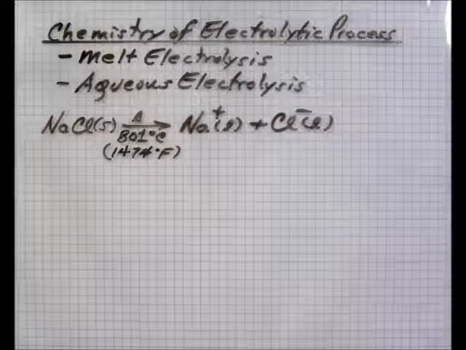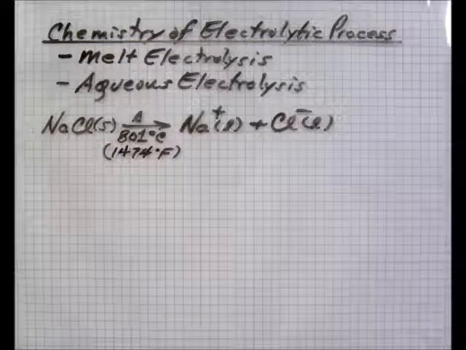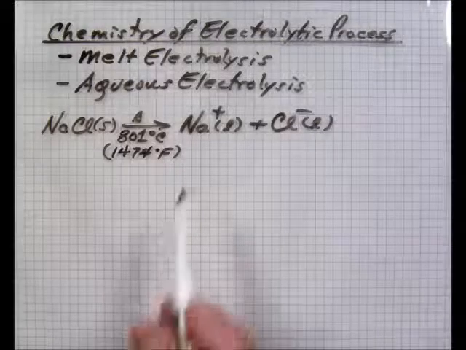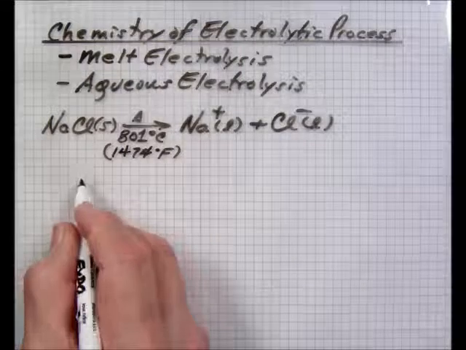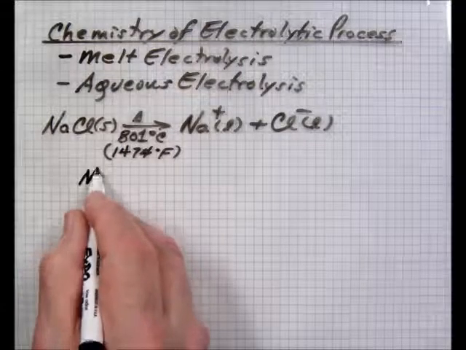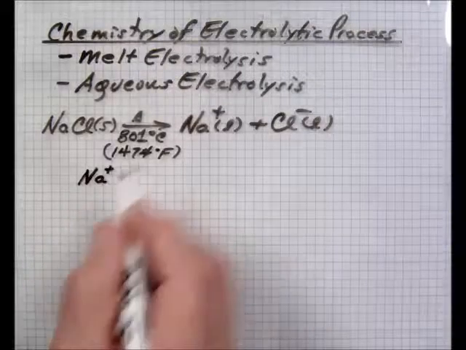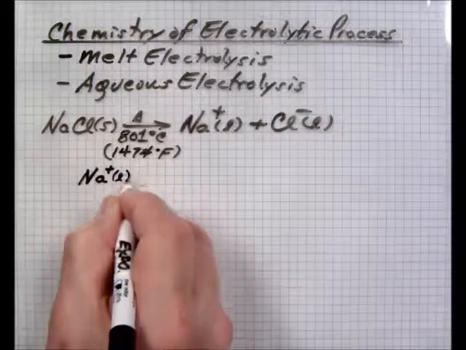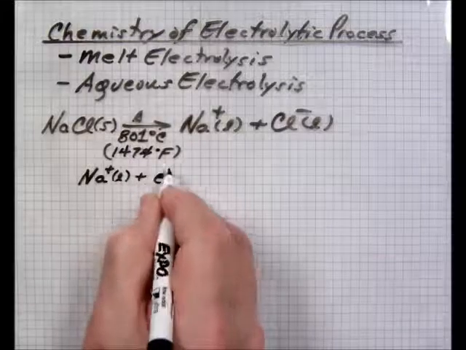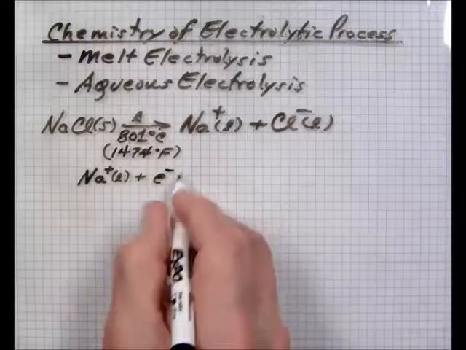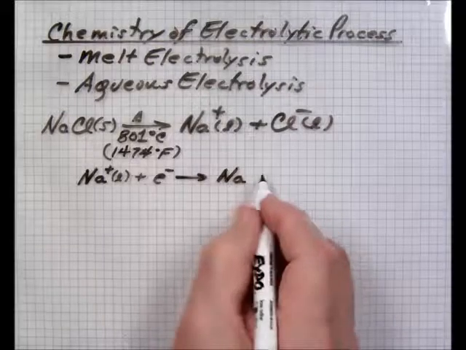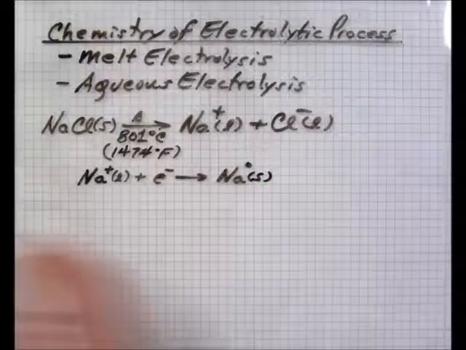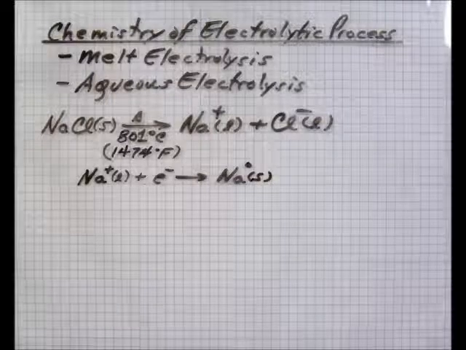Now, in the electrolytic cell, the electrode that is negative will attract the sodium ion and undergo reduction. That is, sodium ion in liquid phase will gain 1 mole of electrons per mole of sodium ions and go to the standard state form of sodium.